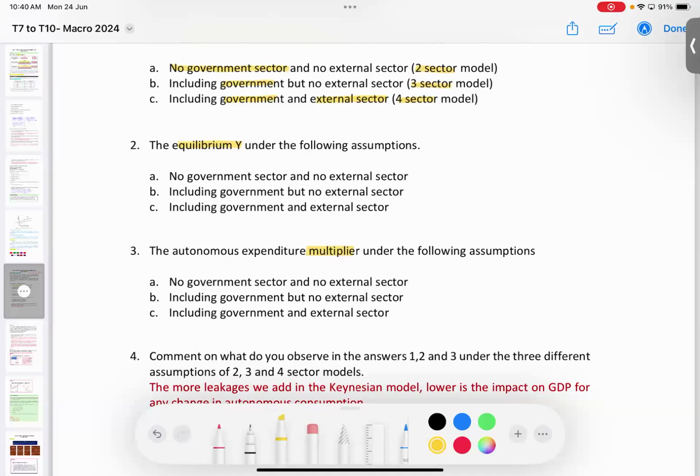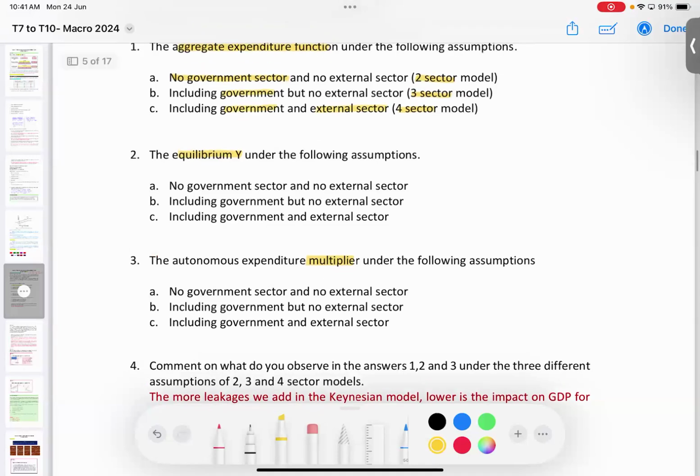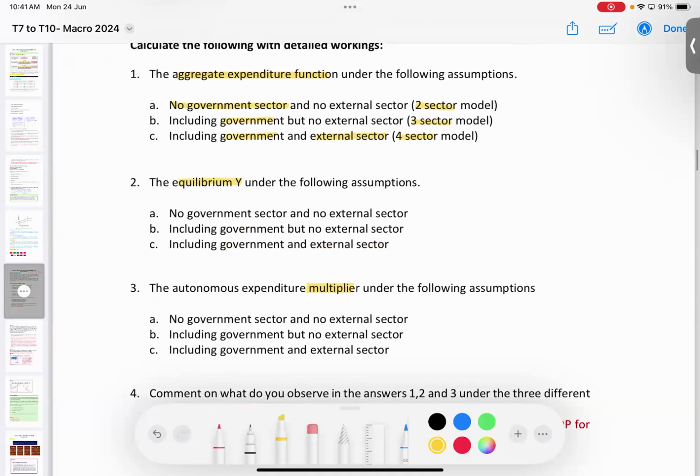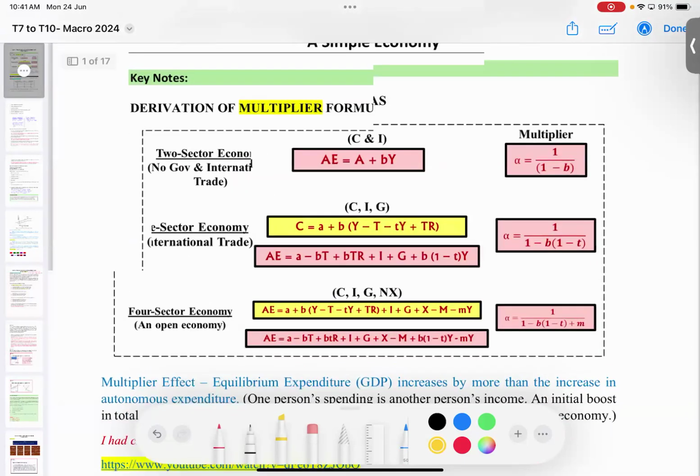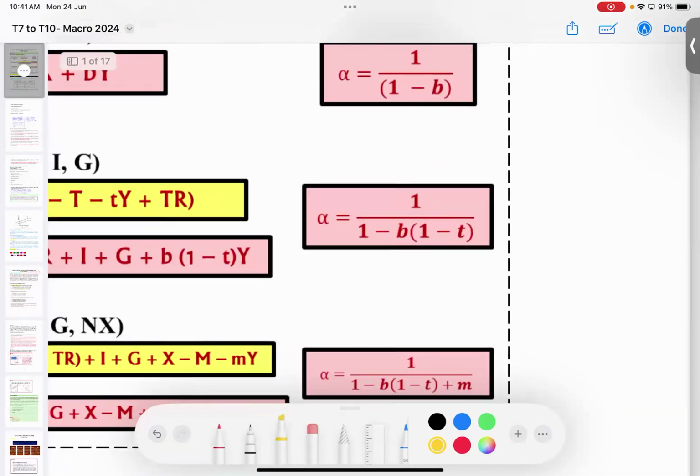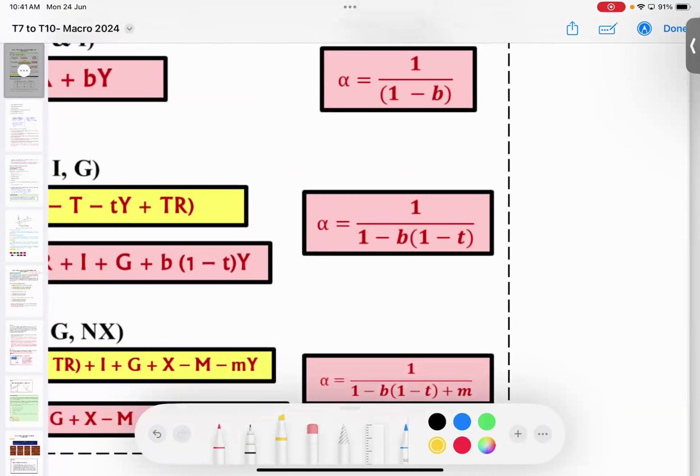So how are the multiplier formulas? I also provided them here already. You see on the right, 2 sector, 3 sector, and 4 sector. But students always make mistakes because of the denominator here. I will explain to you in a while.